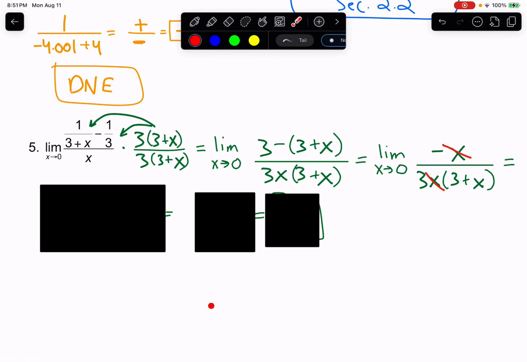So a function is continuous at an x value, x equals c, if and only if two things are true, right? The limit of the function as we approach c from the left and the right are both equal, which means that the limit exists.